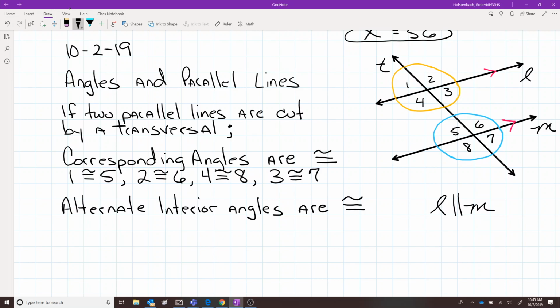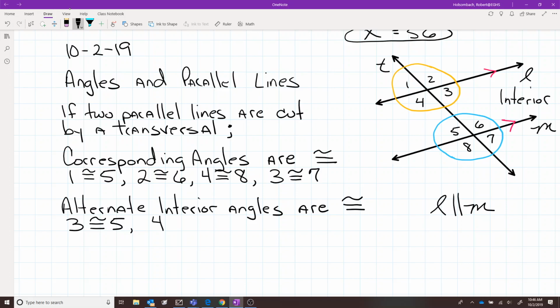The space in this diagram in between L and M, that is the interior. Alternate means they're on alternating sides of the transversal. So angle 3 is congruent to angle 5 because they are called alternate interior angles.